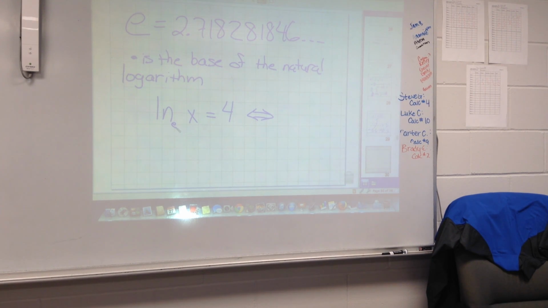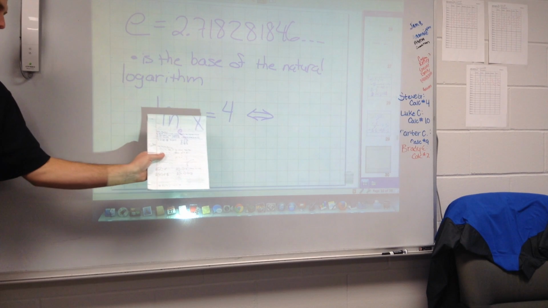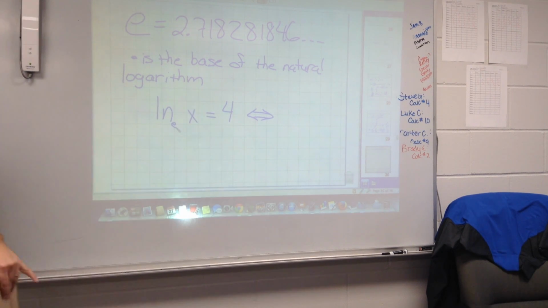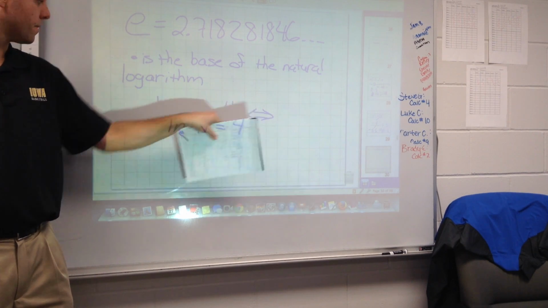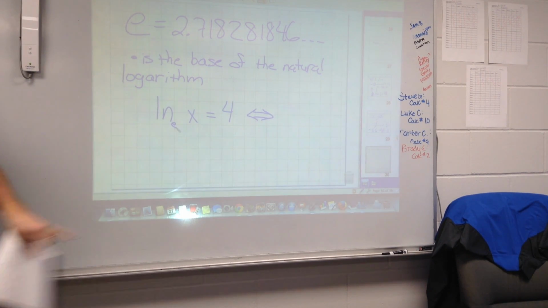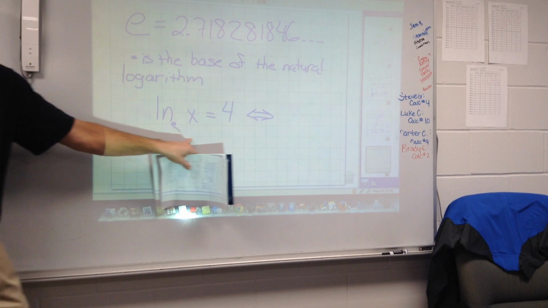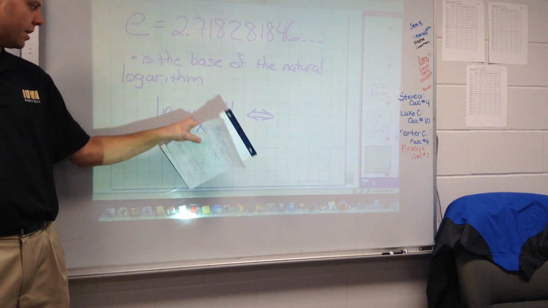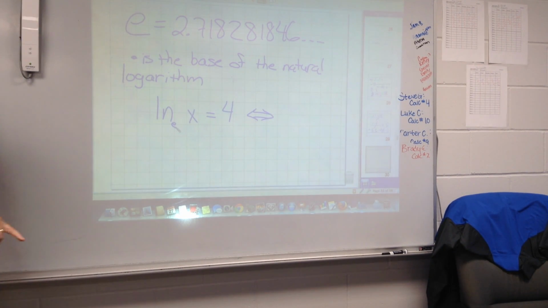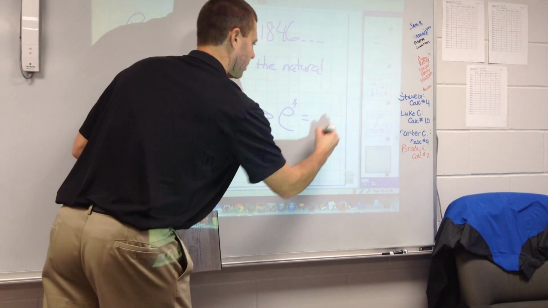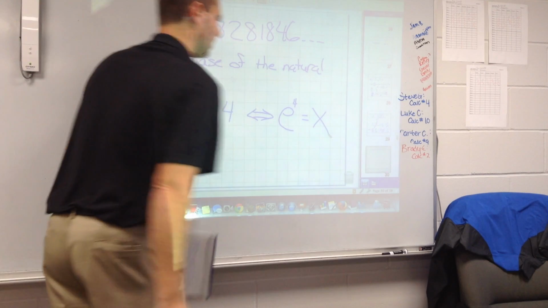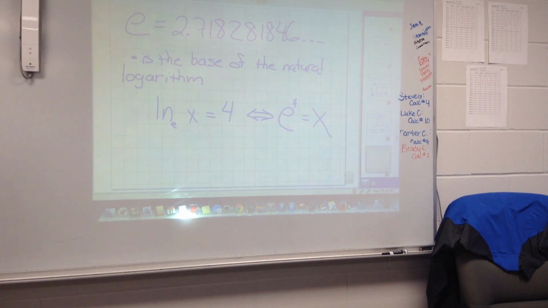And if you were to change forms from logarithmic to exponential, e to the fourth is equal to x. The little base raised to the number on the other side is equal to x. That's changing forms.